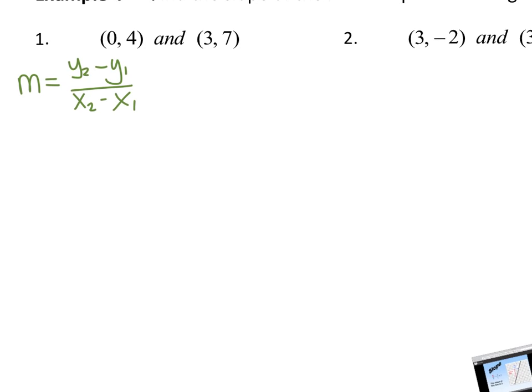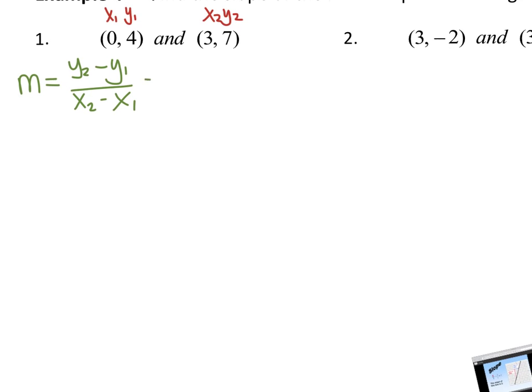So for example, in our ordered pair, we know that the first number is always your x. The second number is your y. So again, this one, 3 is going to be our x, and 7 will be our y. The 1s and 2s are just representing first point, second point. So this is going to be point 1. This will be ordered pair 2. And all we have to do is plug those in.